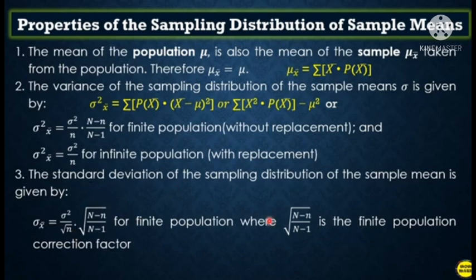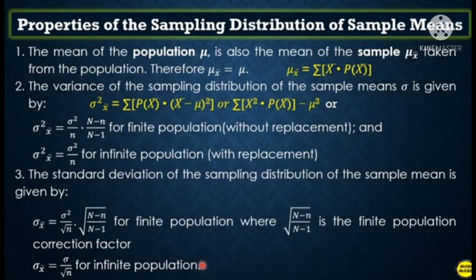Itong square root of N minus n over N minus 1, tinatawag natin yan na correction factor. Ito naman, kunin nyo lang itong square root nito, that is for infinite population. So, that is for properties of the sampling distribution of sample mean.